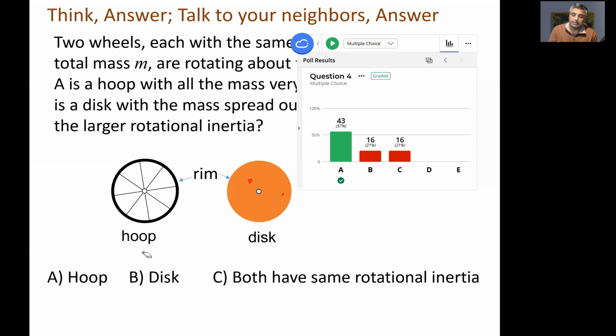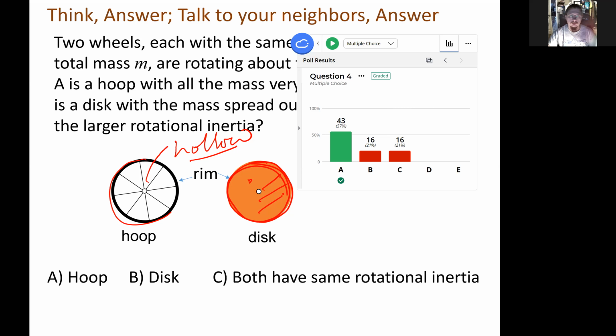I see there is a question on the chat that says, how about the sphere? We can think about a disk as a solid thing, and a hoop as a hollow disk, let's say. Similarly, a sphere can be hollow like a basketball, or, this is not a basketball, this is a soccer ball.